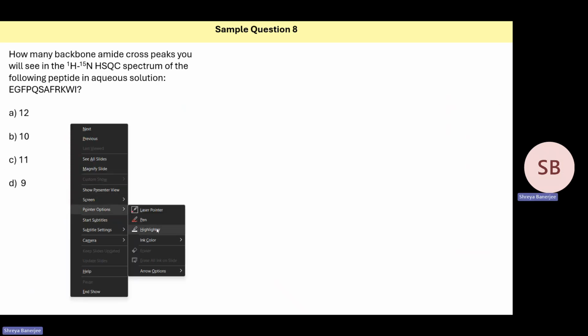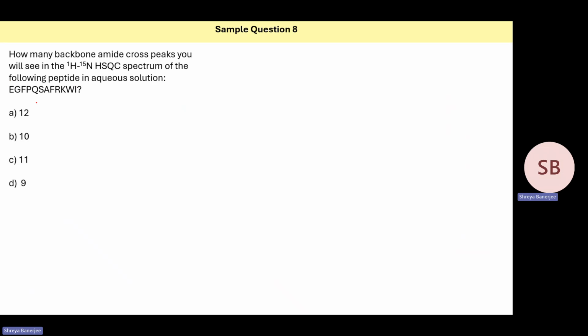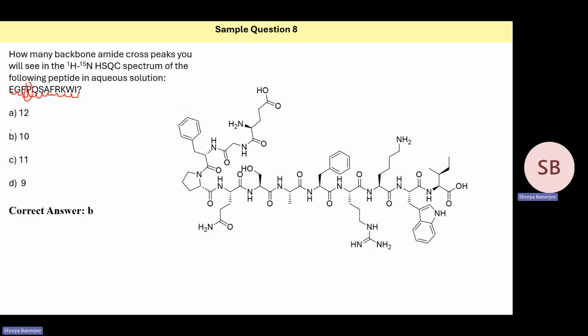As I was saying, there will be one amide between two amino acids. So 1, 2, 3, 4, 5, 6, 7, 8, 9, 10, 11. 11 amide hydrogens should be there. But you have to see that one of the amino acids is proline, which will not have an amide hydrogen. So 11 minus 1 is 10. And the correct answer is B, that is 10.